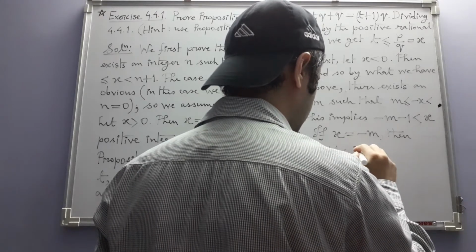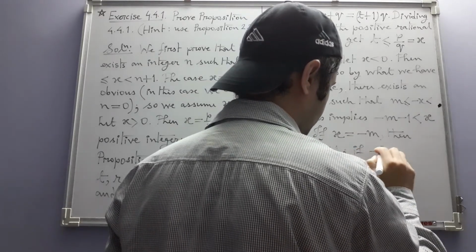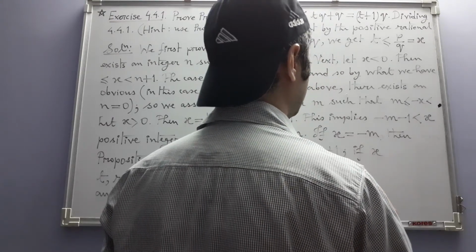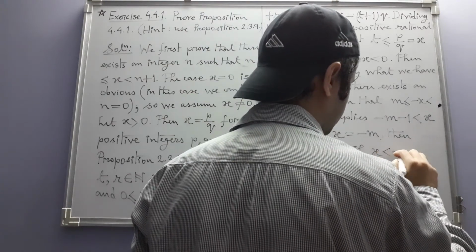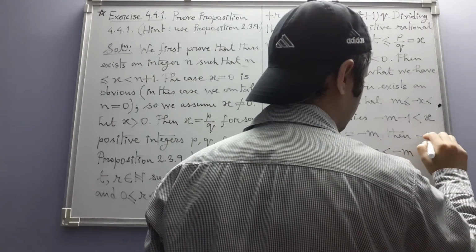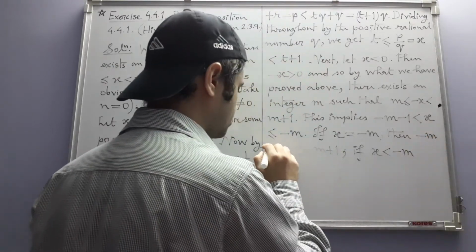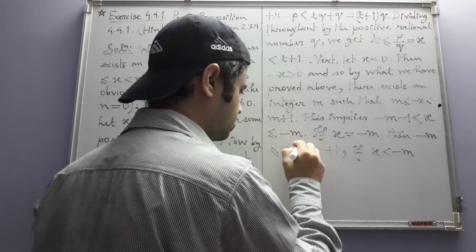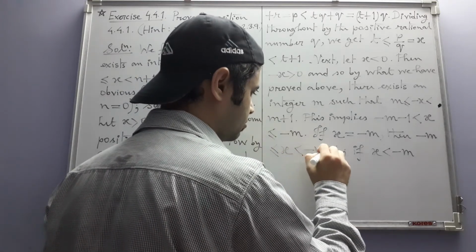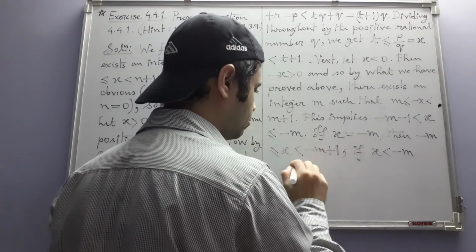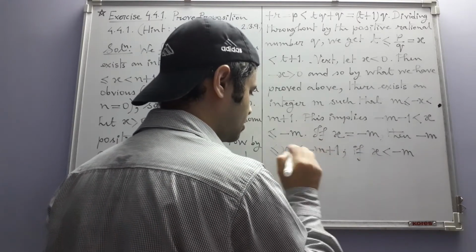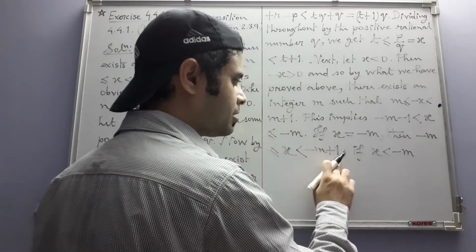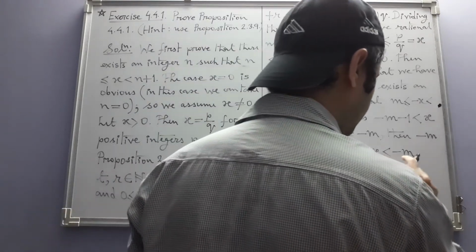This is one case, and if x is strictly less than minus m, minus m is less than or equal to x, which is less than minus m plus 1. I hope it's visible. For some reason the ink is not coming properly.